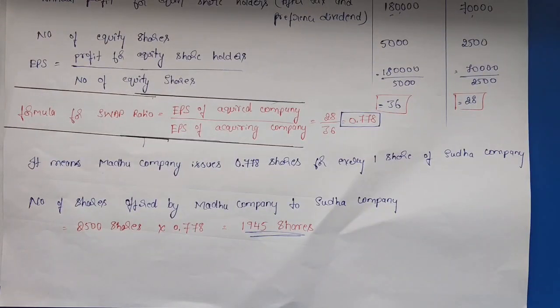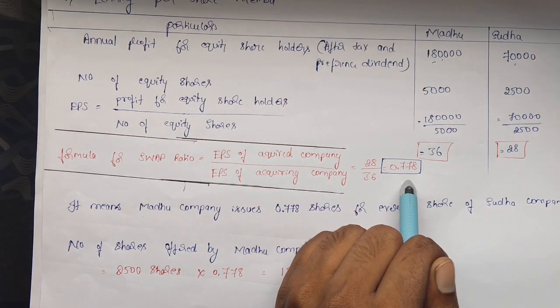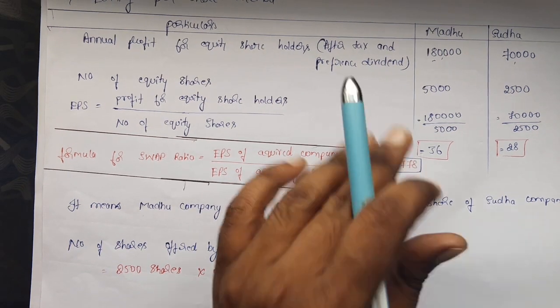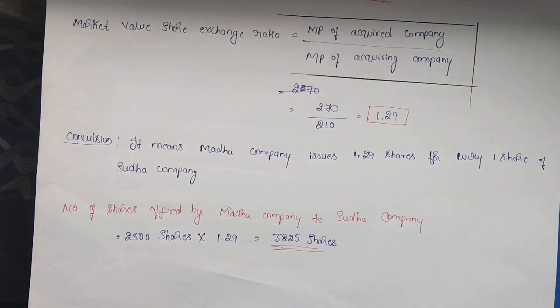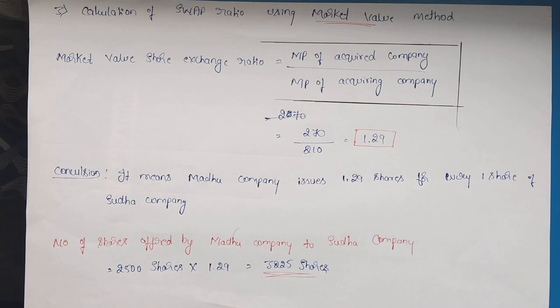Next, under earning per share it becomes 1,945 because the swap ratio is reduced to 0.778. Last, if they consider the market price of the individual share, it becomes 3,225 because the company has a good value and price in the market.